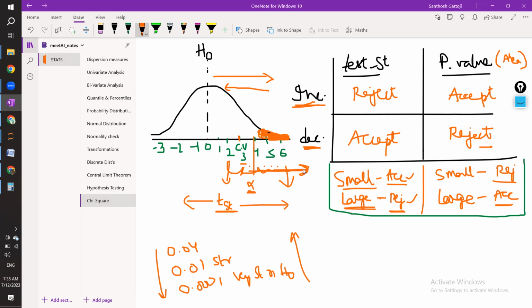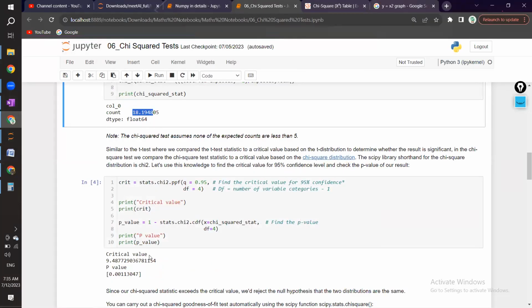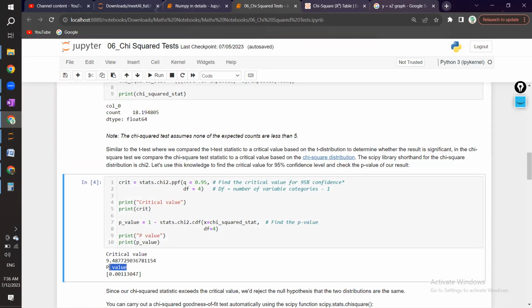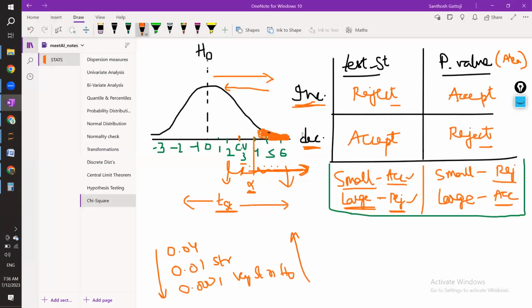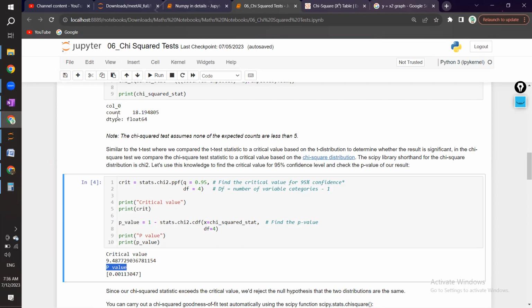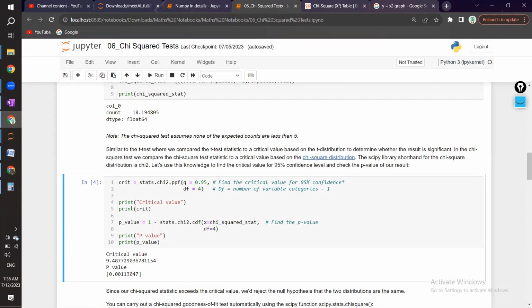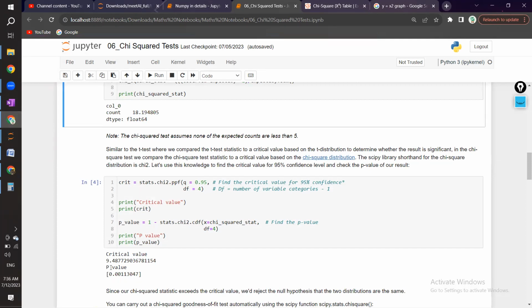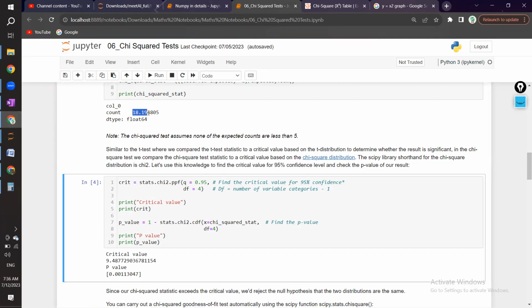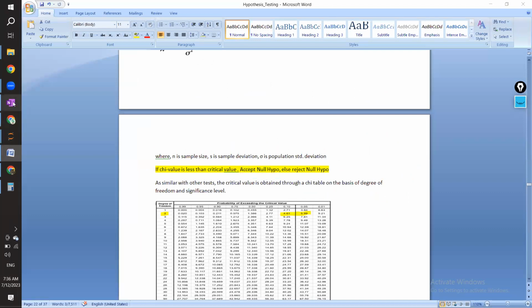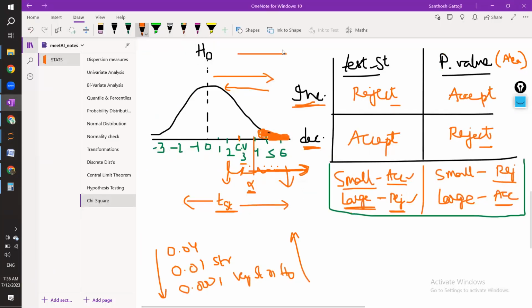But see guys, there is a catch here. In this scenario, you have rejected in both cases. Using the critical value you have rejected, using the p-value you have rejected. Did you observe? Our chi-square is greater than the critical value. Our critical value is just 9, chi-square is 18. That means it has moved away from the null.